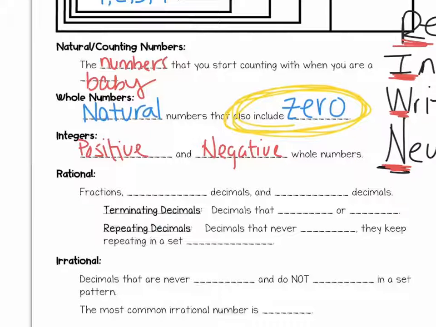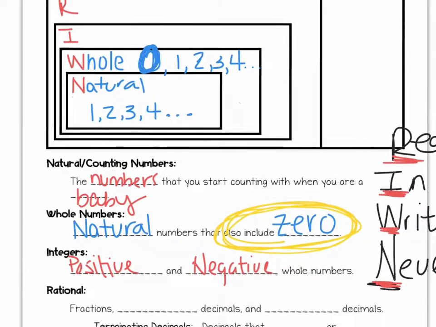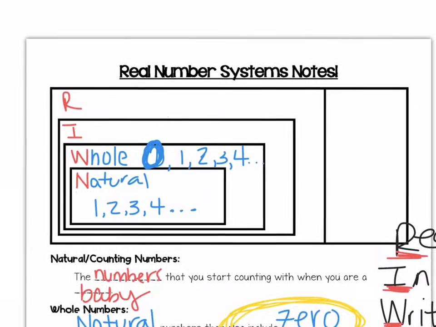So that's all integers are. We haven't introduced anything but whole numbers yet. We're just now looking at the positive and the negative version, okay? So let's fill that in. We said I is for integers, and those are positive and negative whole numbers.